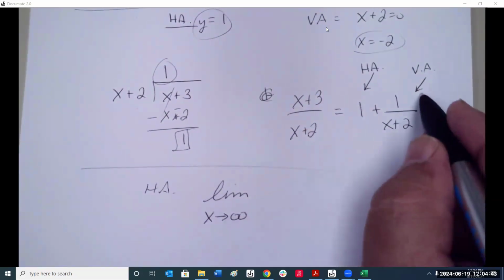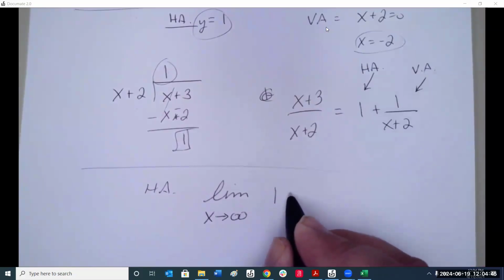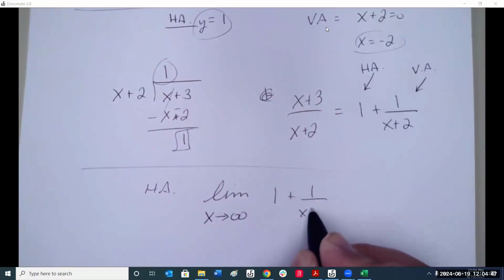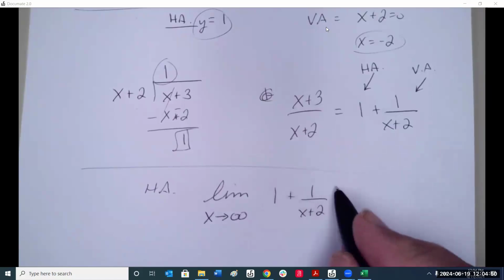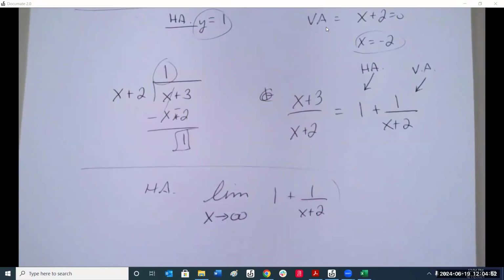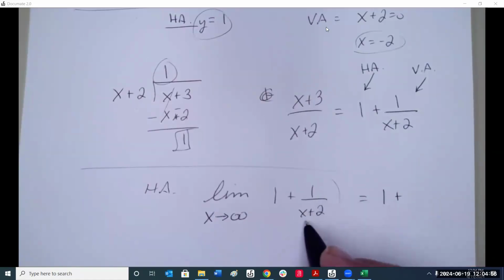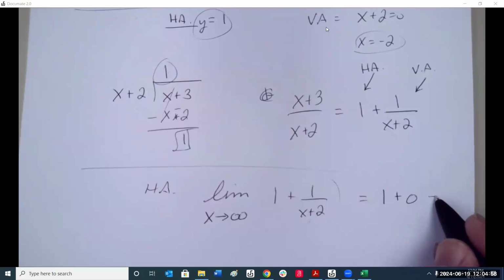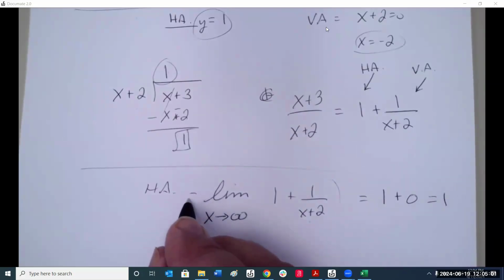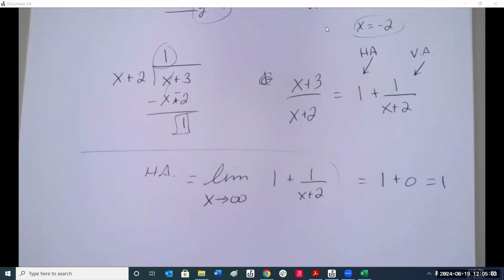The limit of this function as x goes to infinity, this one goes to 0 because there are more x's on the bottom. So that's your horizontal asymptote.